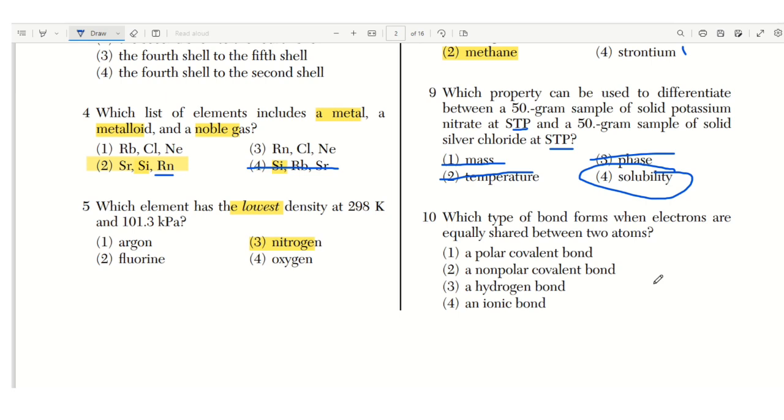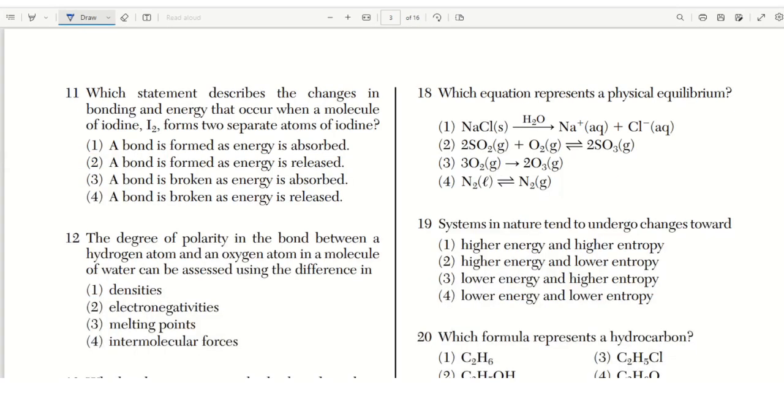Which type of bond forms when electrons are equally shared? Okay, so first of all, sharing is covalent, right? So I'm at a 50-50 chance. Equally shared is non-polar. So number 2. Which statement describes the changes in bonding and energy that occur when a molecule of iodine, I2, forms two separate atoms of iodine?